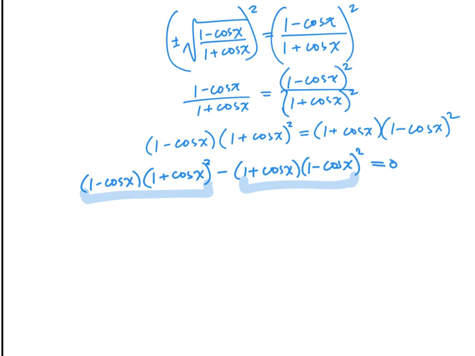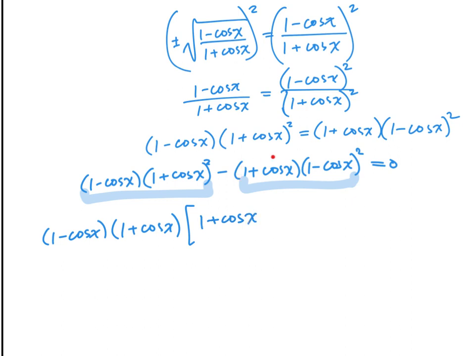So I'm going to factor out 1 minus cosine and 1 plus cosine. Then in this term, what I have left is just 1 plus cosine.